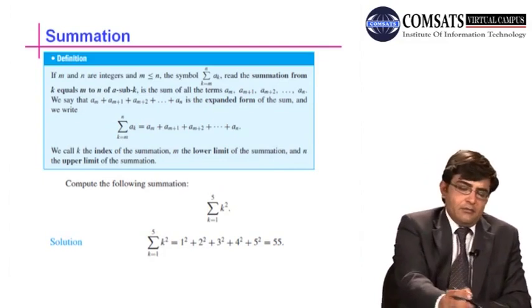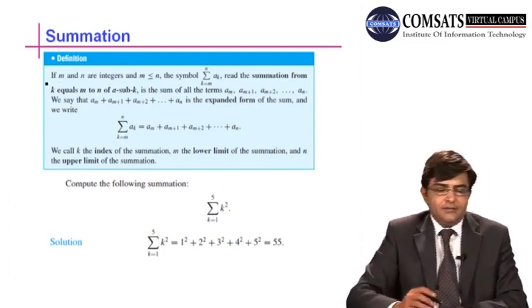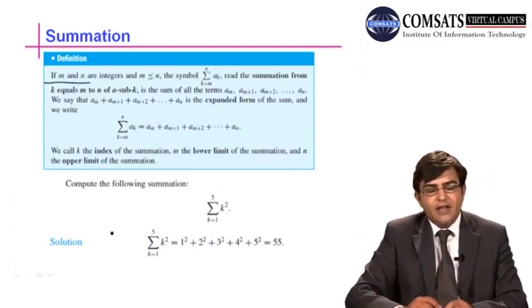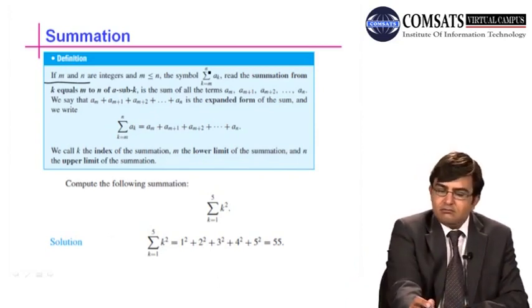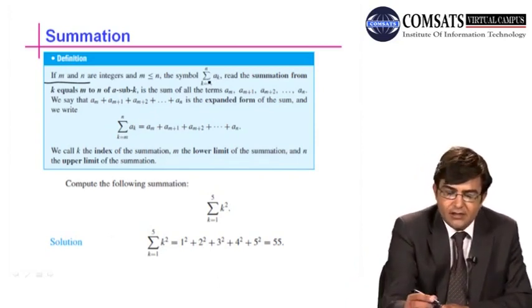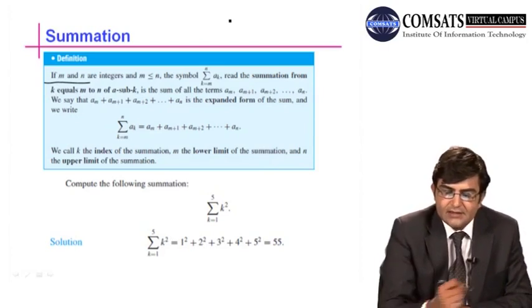Now what is the definition of the summation or series? If m and n are integers and m is less than or equal to n, the summation symbol basically represents the sum.